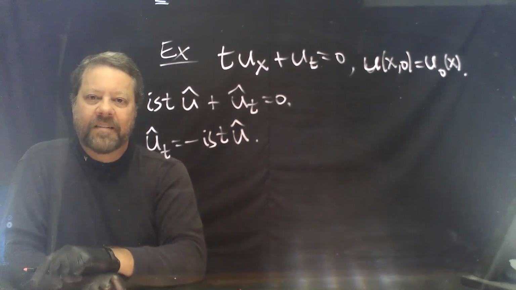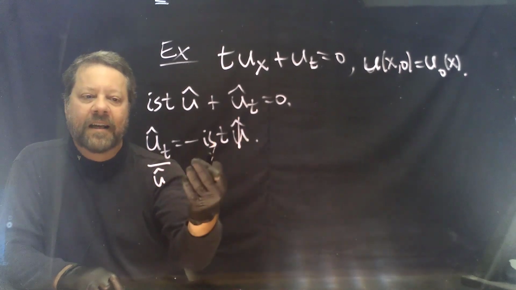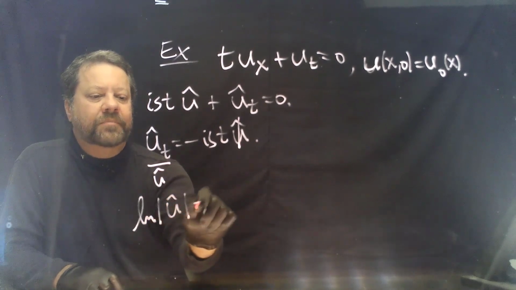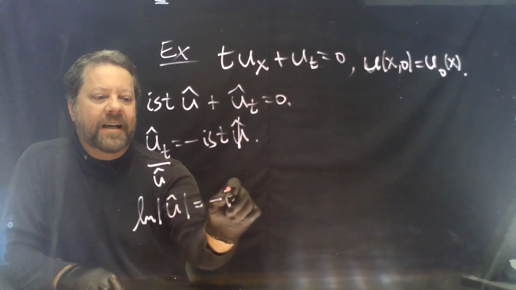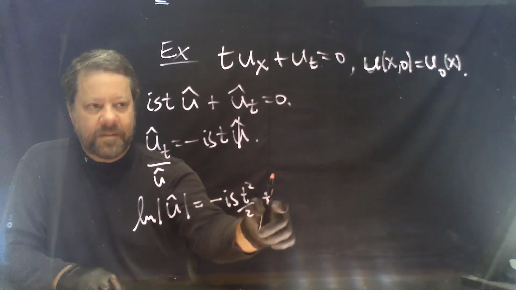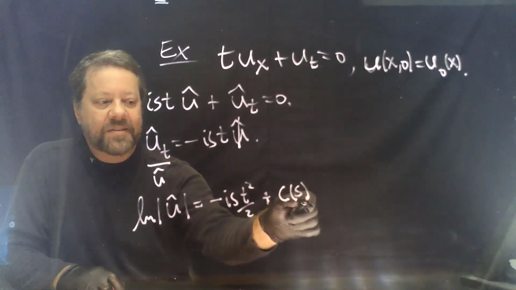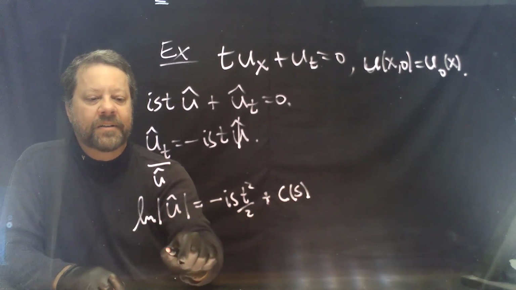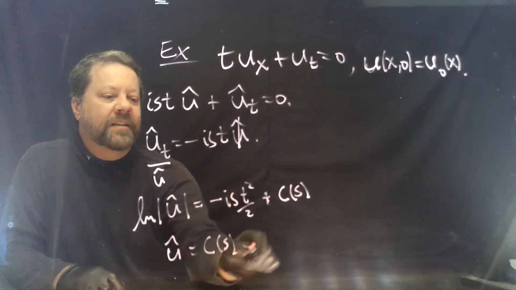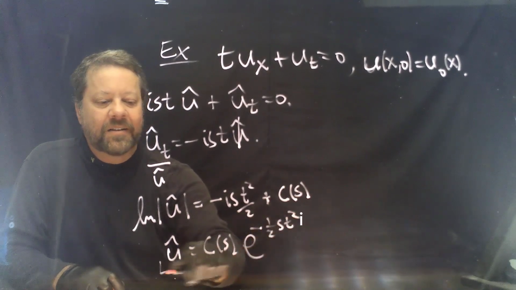To solve this ordinary differential equation, we'll separate variables by dividing by u hat and integrating with respect to t. So we'll have log of u hat equals minus ist squared over 2 plus some constant relative to t, but not necessarily relative to s, and then exponentiate to get u hat is some constant function of s times e to the minus 1/2 ist squared.